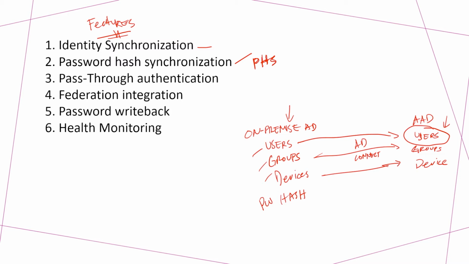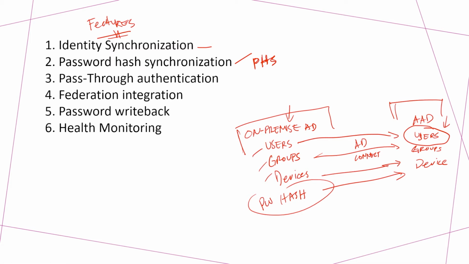So basically, the user will sign in with the same password that they use in the on-prem AD. Let's say you have a cloud application that uses Azure AD as identity provider. The user will use the same password that they use in the on-prem AD. Hence it's called password hash synchronization.